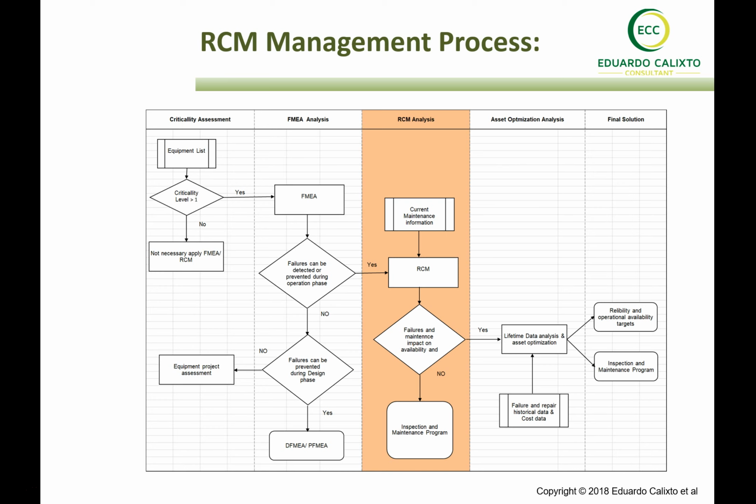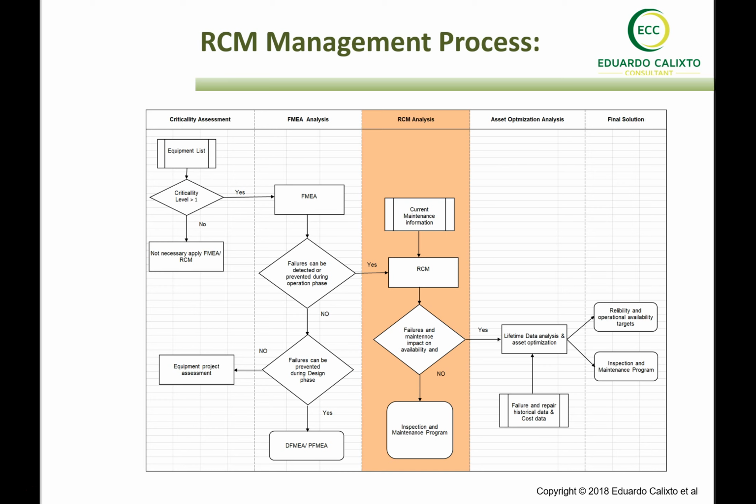As we discussed during Modules 5, 4, and 3, asset optimization means high performance achievement and lower life cycle cost achievement. So the RCM will be the input information for the performance achievements, and that is predicted based on the RAM analysis modeling.